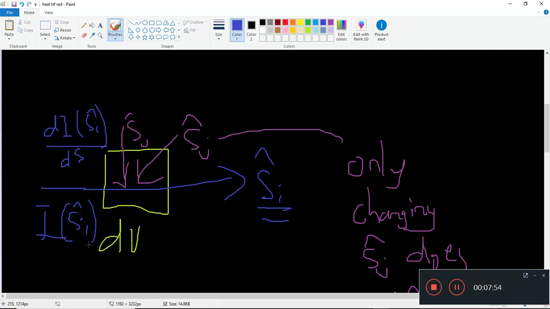So the intensity in this direction, not the change in intensity in this direction, but rather the intensity in this direction. This also follows this direction I here, and this corresponds to omega I as well, which is a solid angle corresponding to this direction, this thin pencil of rays here.